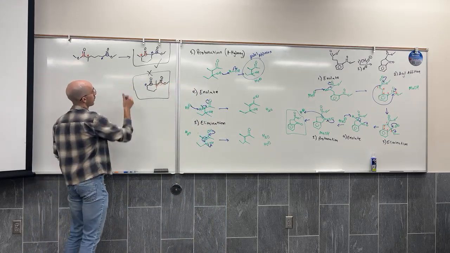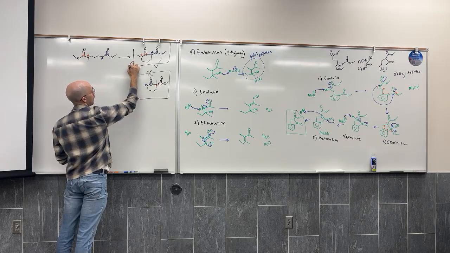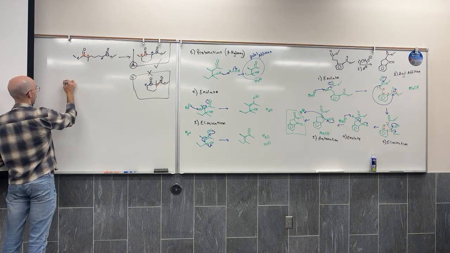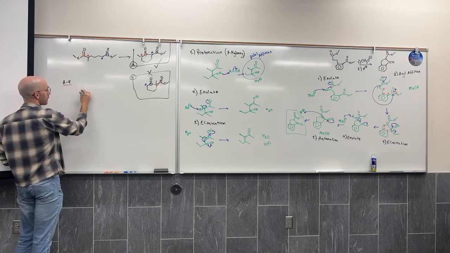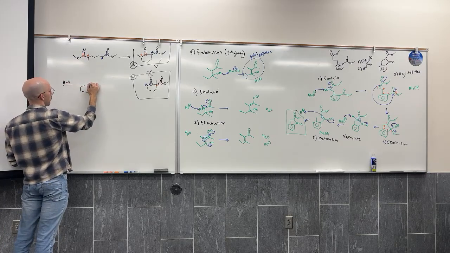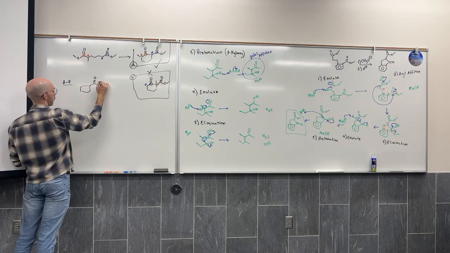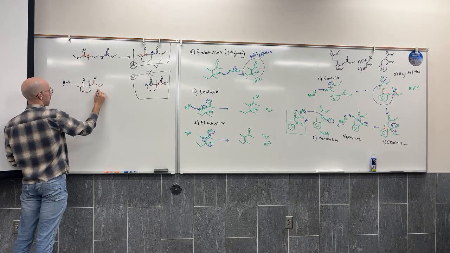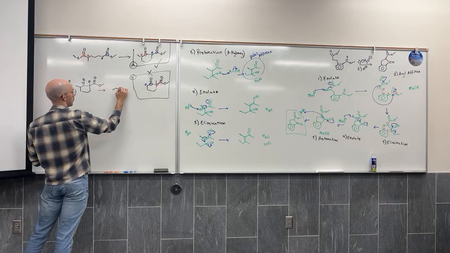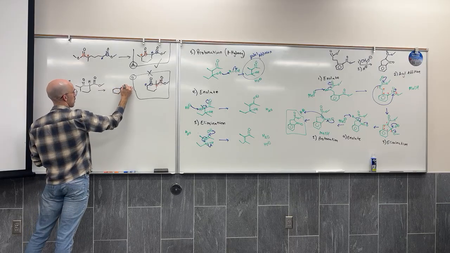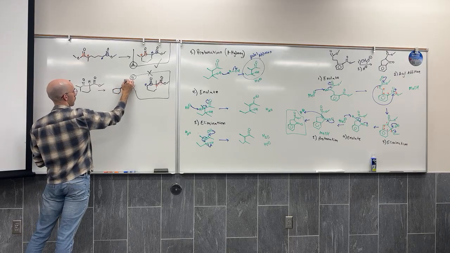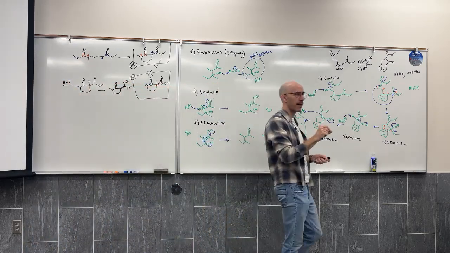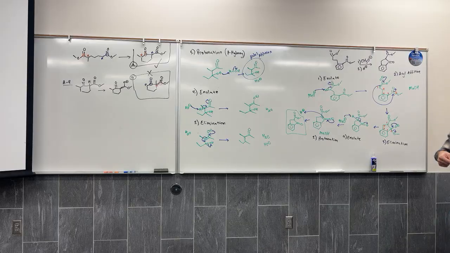Let's say the product that we form is A, the product that we do not form is B. Compound A has that alpha hydrogen.